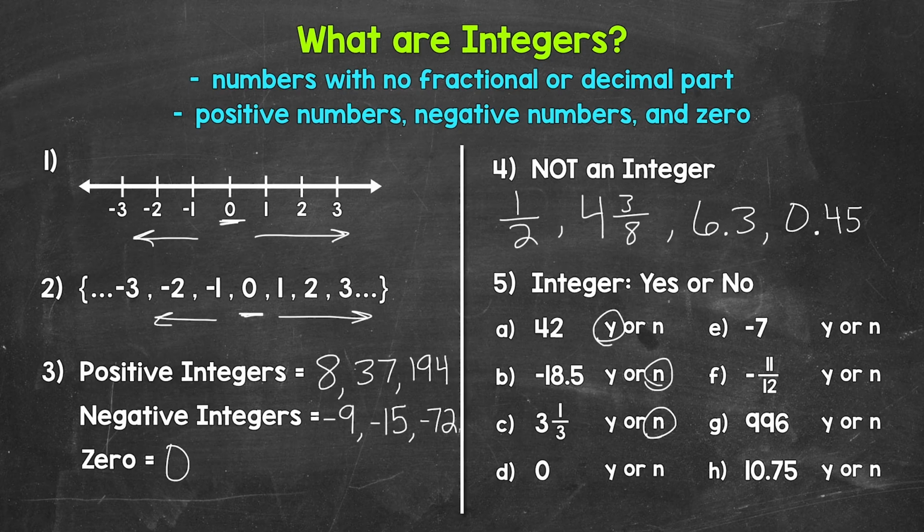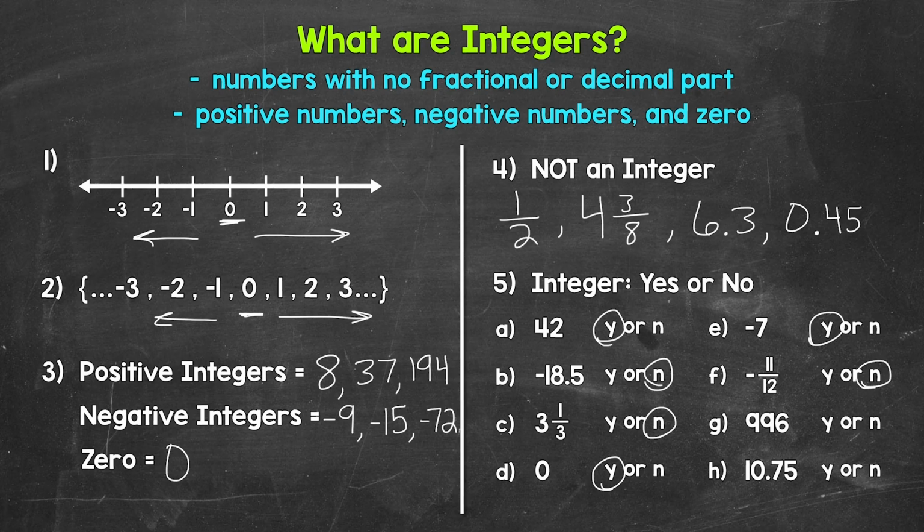Next, for D, we have 0, which 0 is an integer. Moving over to E, we have -7. Is -7 an integer? Yes. Moving on to F, we have -11/12. So is this an integer? No, we have a fractional part here.